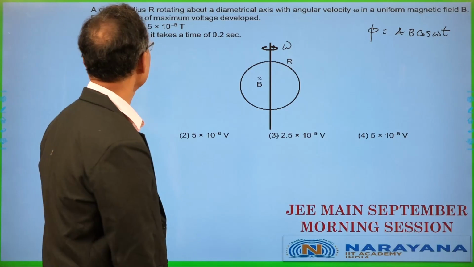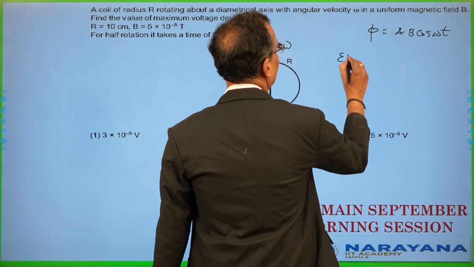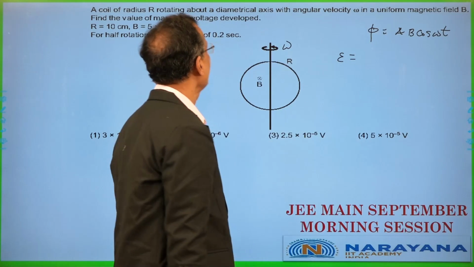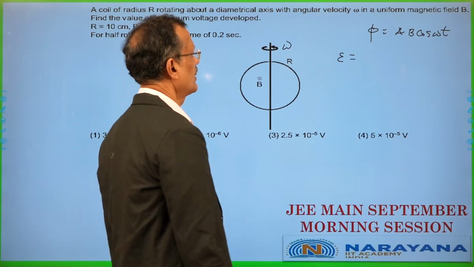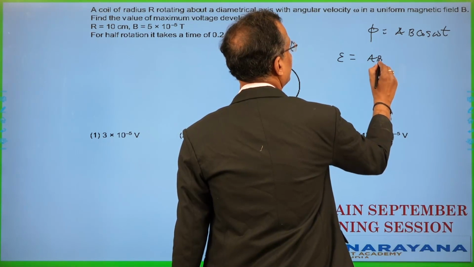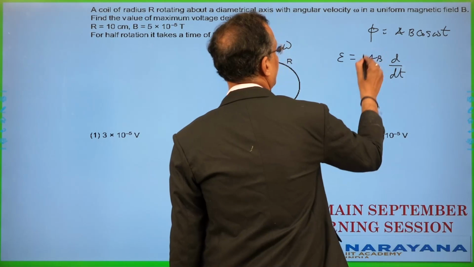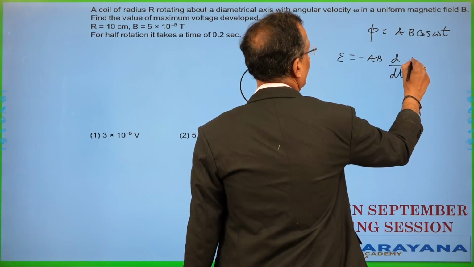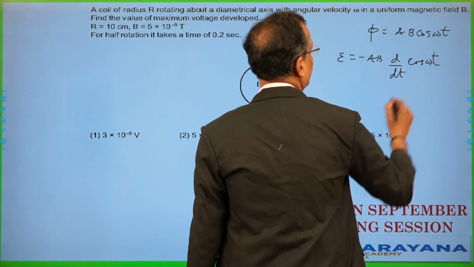Now, they are asking you maximum voltage, EMF, E equal to minus d phi by dt, magnitude part they are asking me. So I will go only for d phi by dt. So AB d by dt, minus is already there, cos omega t.